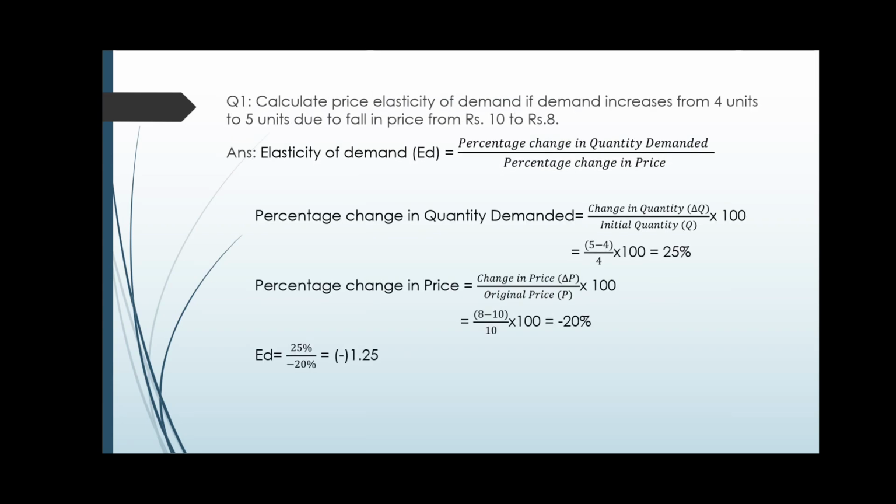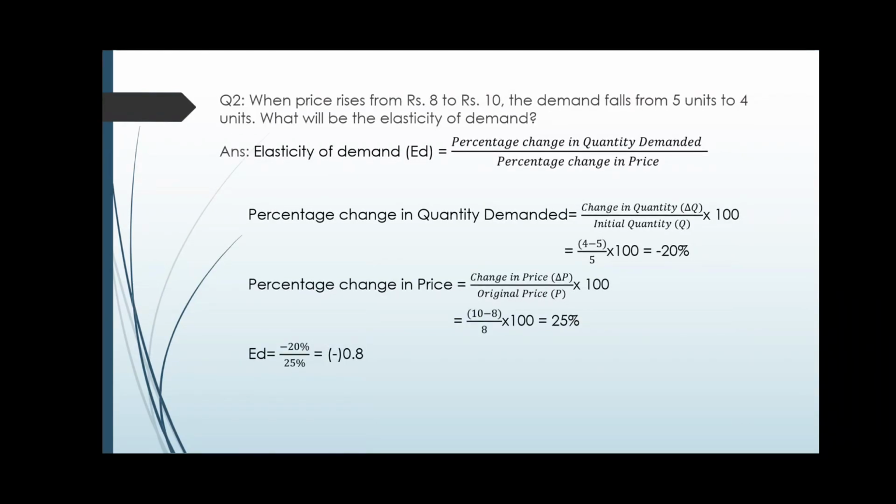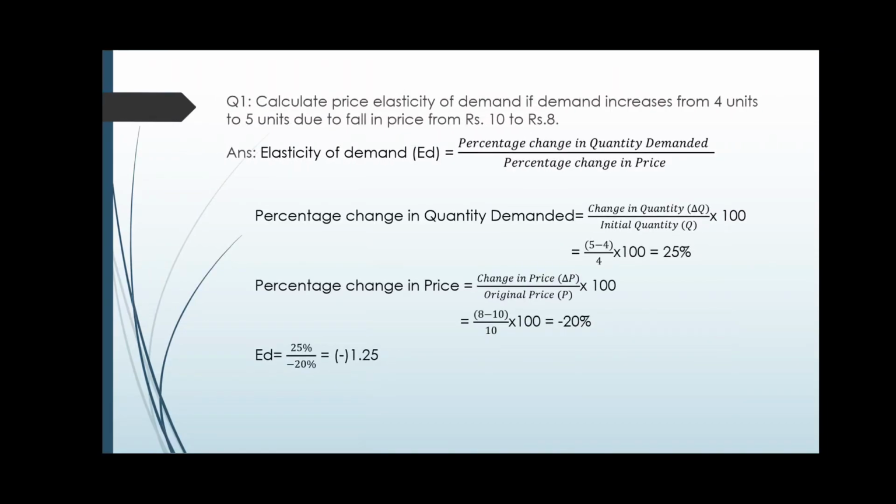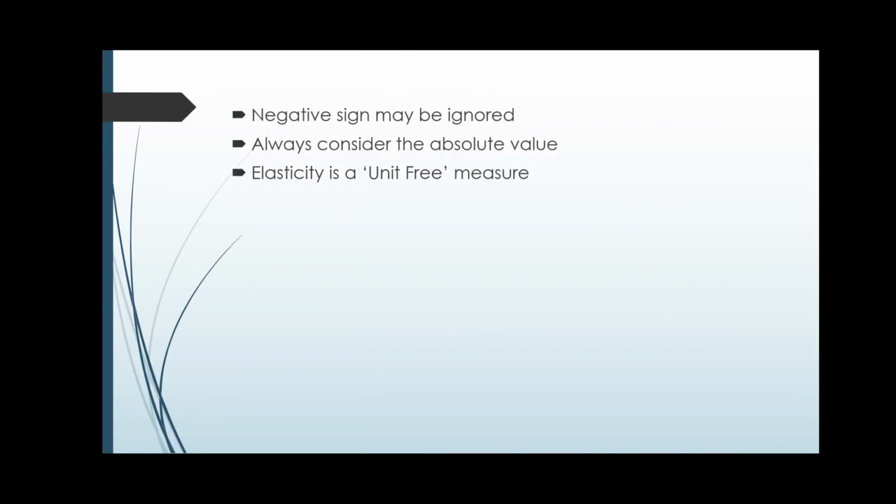The answer for one was 1.25 and the answer for the other was 0.8. So if we look at it mathematically, the bigger number is 0.8. But once we ignore the negative sign, the bigger number will be 1.25. So we need to consider the absolute value ignoring the negative sign.